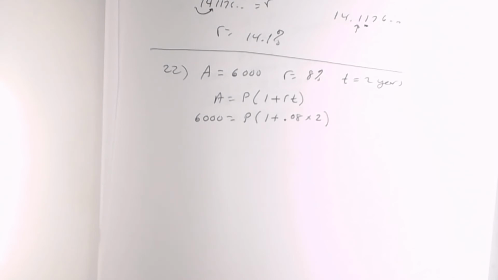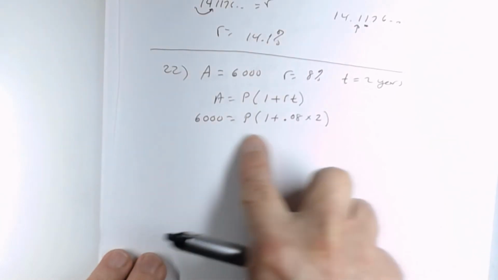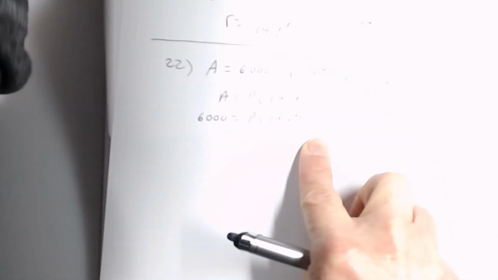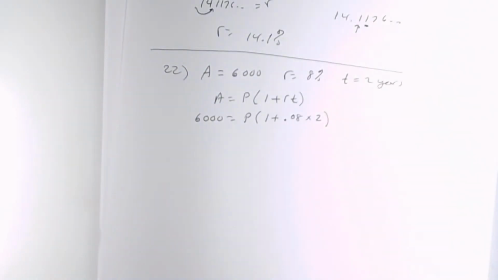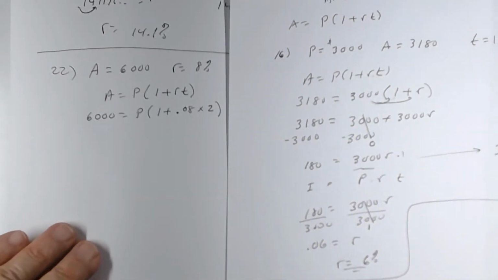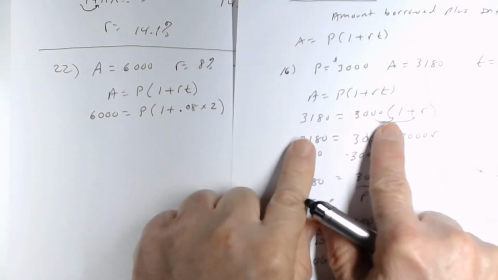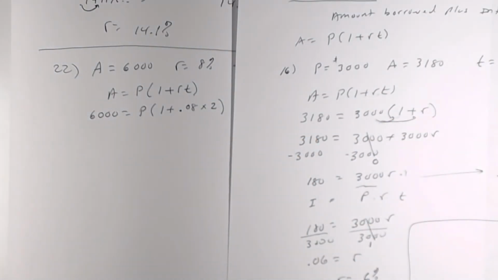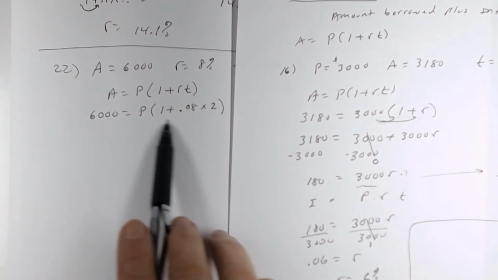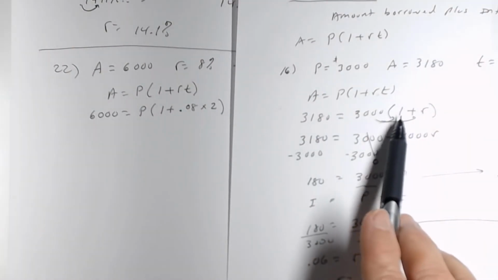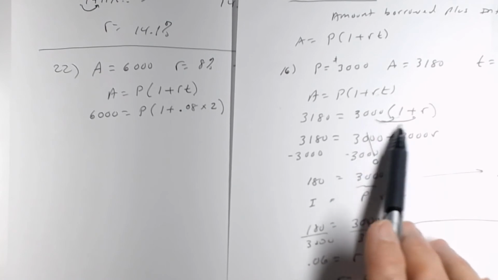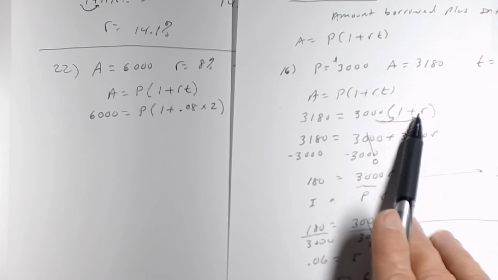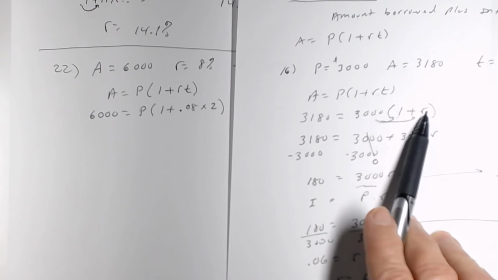Now, remember the difference between this that you see and the one we did earlier. So I'm going to compare those two. See the one I did earlier right here? Look at those two. Here I distributed because the variable I was looking for was inside the parentheses.